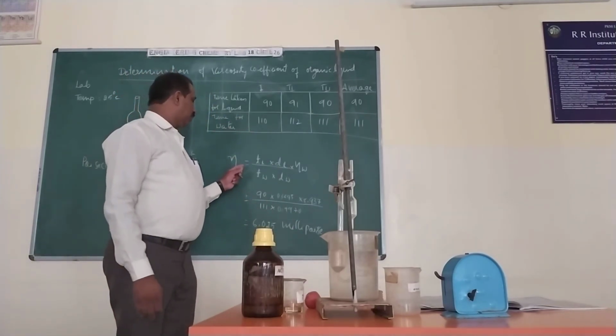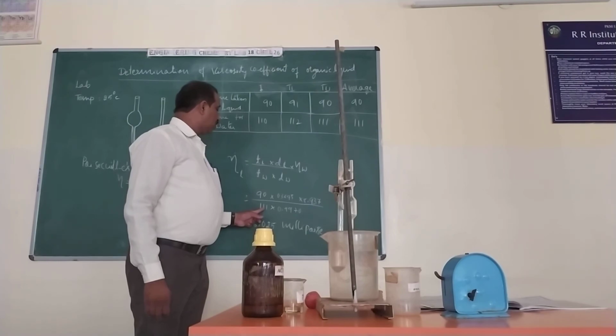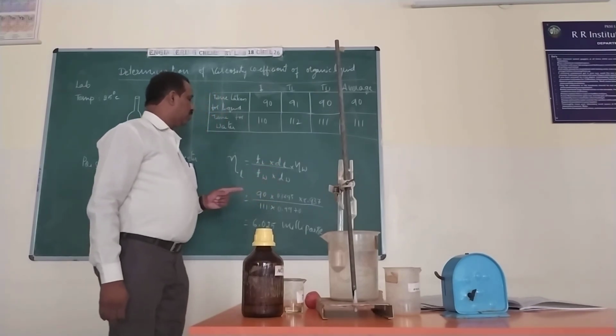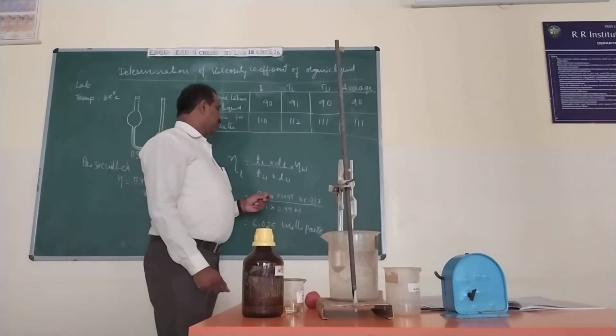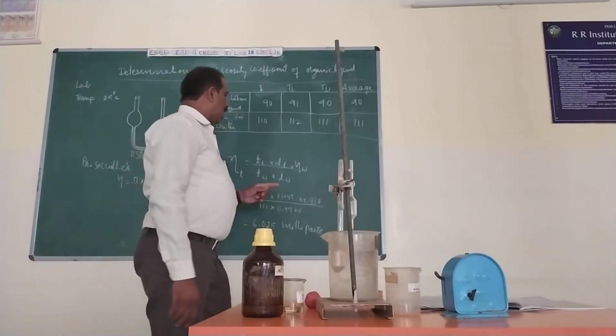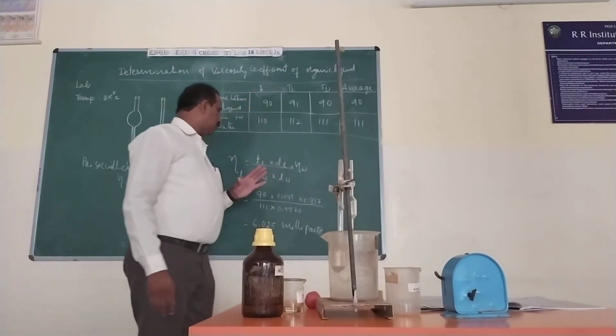So the time taken by the liquid is 90, the time taken by water is 111, multiplied by the density of the liquid, which is given in our table. The density of water and the viscosity coefficient of water are also given in the table.